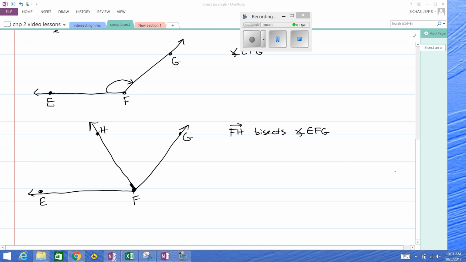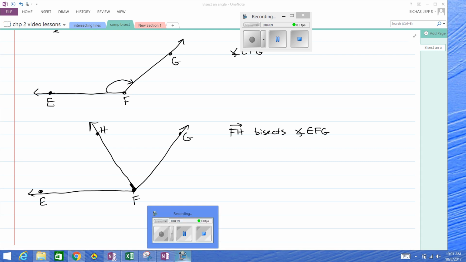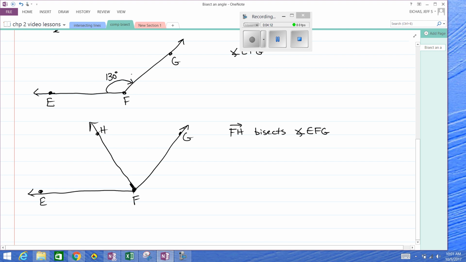All right, so there's a few things we could do with this. If we knew how big the whole angle was, say this is 130 degrees, because of this, these would be both 65s. When it bisects, we get two equal angles from bisecting the original angle.